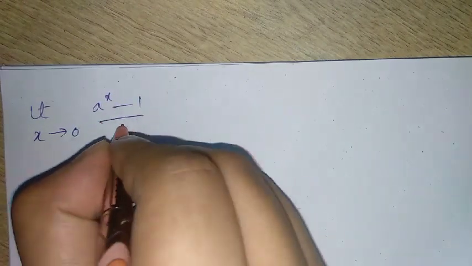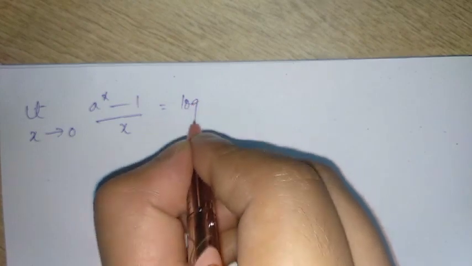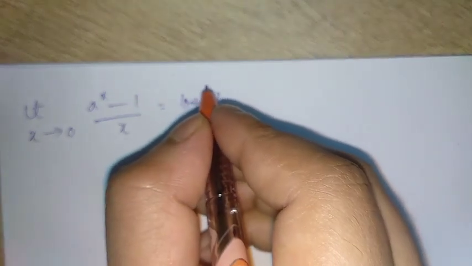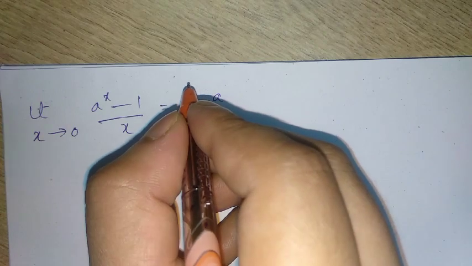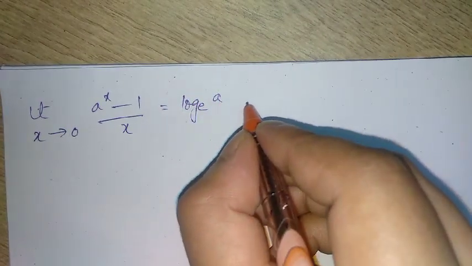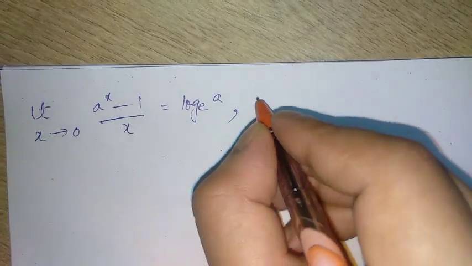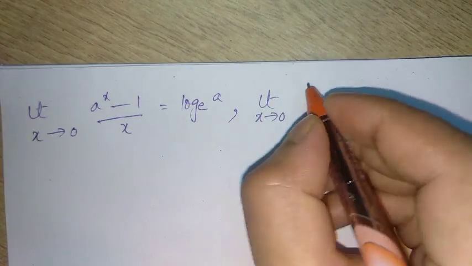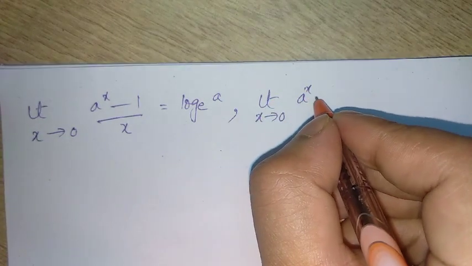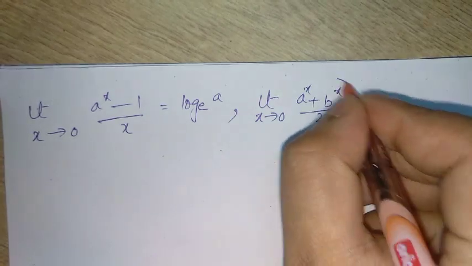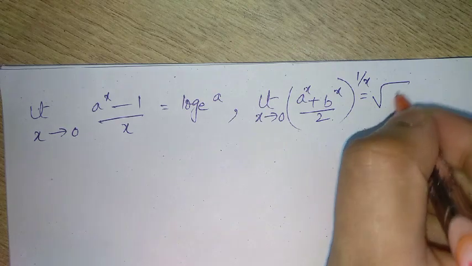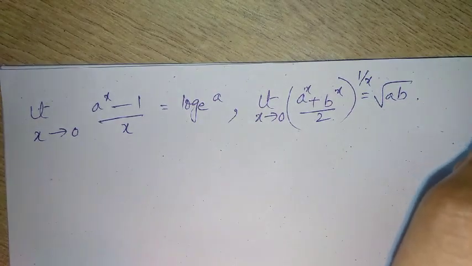The last formula was limit x tends to 0, a to the power x minus 1 by x is equal to log a to the base e. The next formula is limit x tends to 0, (a to the power x plus b to the power x) by 2, whole to the power 1 by x, is equal to square root of ab.